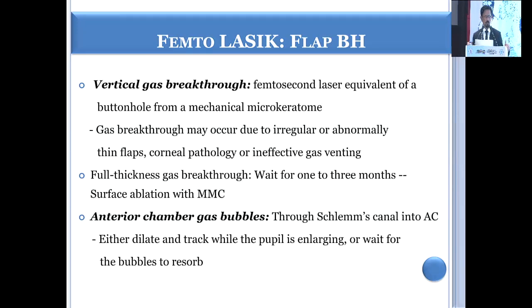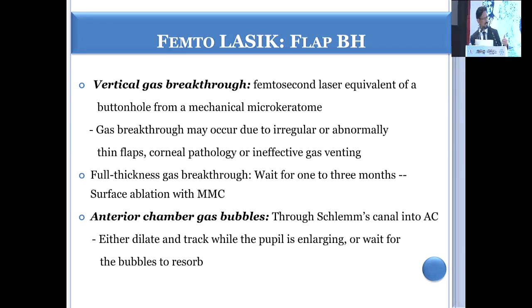Even in microkeratome, if the keratometry, etc. is fine, then the risk of buttonhole is very less. But if it's a steep keratometry, then there is a chance of buttonhole, and that's why any keratometry more than 46, I don't advocate using microkeratome, would prefer doing a femtosecond laser.